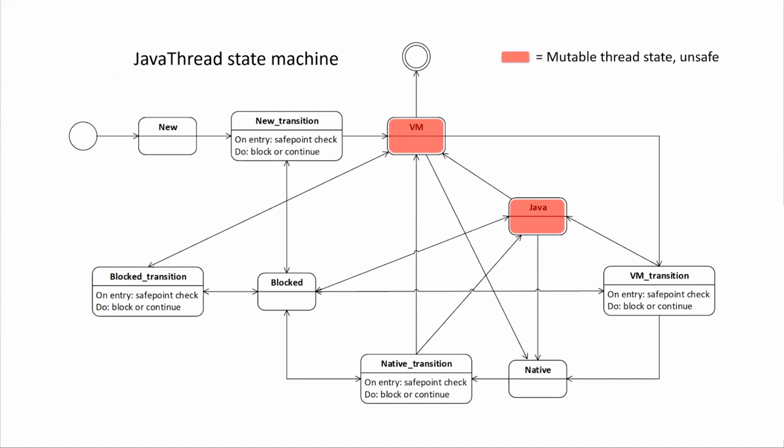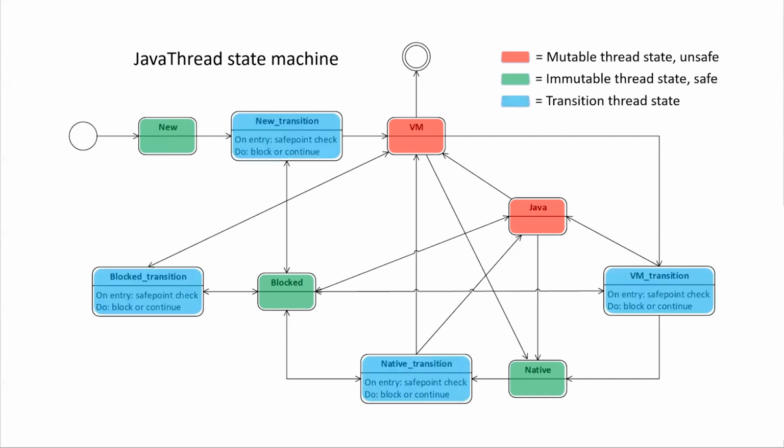A mutable thread state is a state in which the thread can mutate the Java heap or its thread local GC roots. An immutable thread state is a state where the thread can do none of these things. Then we also have transition states, which act like bridges between the mutable and the immutable states. A transition state has a safe point check or a poll instruction, together with appropriate fencing.